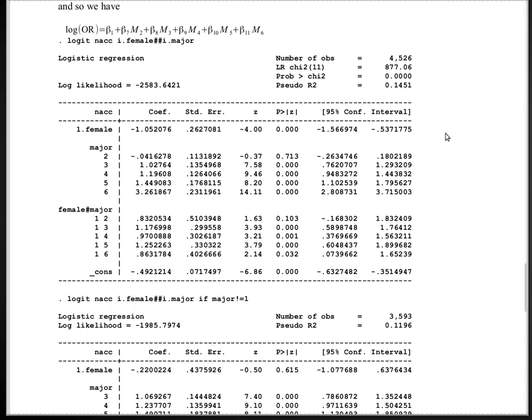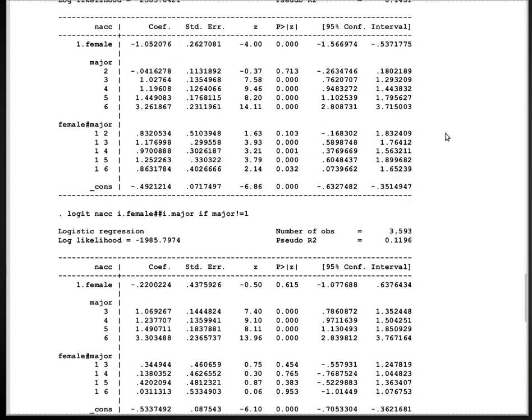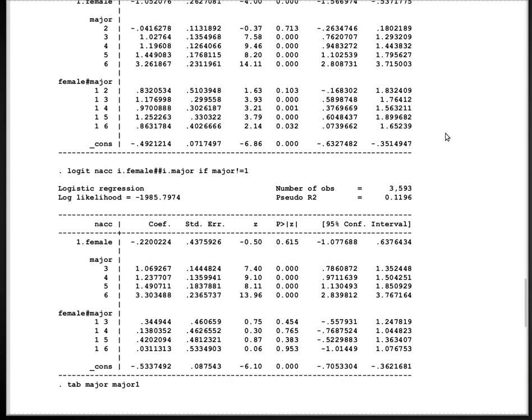And we could repeat all this again without major 1, and then we get another interesting set of features that might be helpful. This is now looking at the analysis of differences among the log odds ratios where our attention is restricted to comparisons between the majors that weren't major number 1.